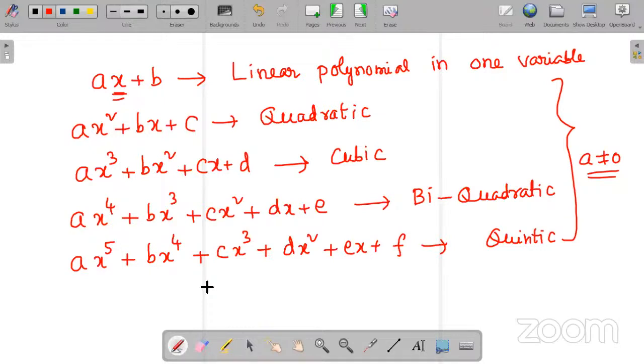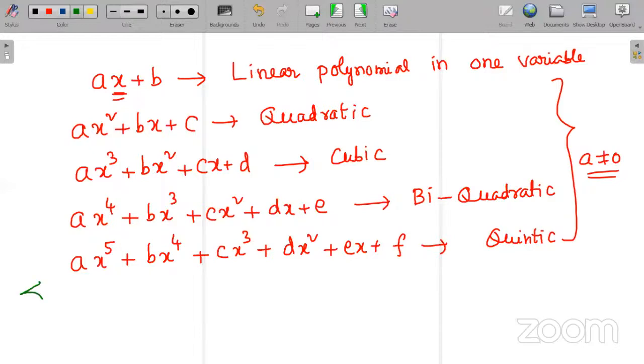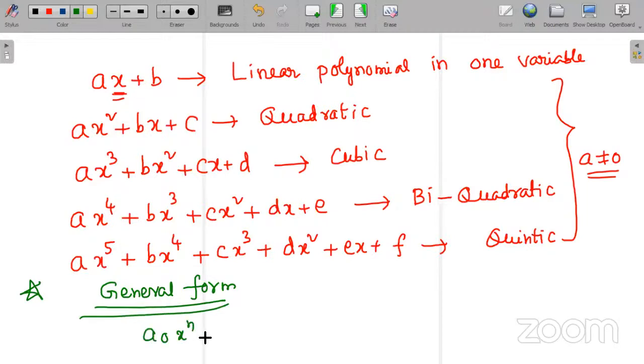Now write down the general form. This is a very important part. The general form of a polynomial is a naught x to the power of n plus a1 x to the power of n minus 1 plus a2 x to the power of n minus 2 plus and so on, up to an.